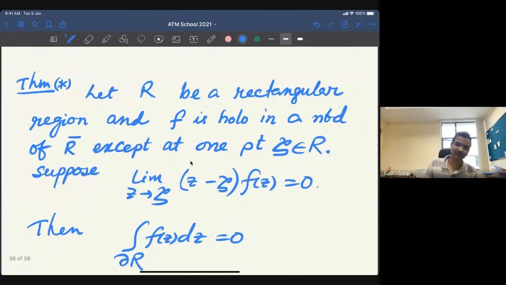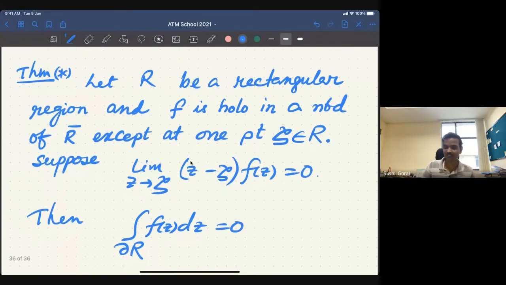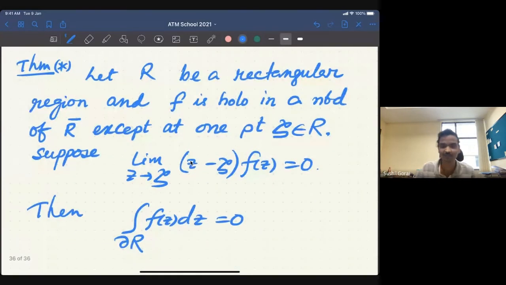So you see, we actually removed the assumption of holomorphicity at one point. You can do it for finitely many points also. All right, is the statement clear? But we had to incorporate this limit, and perhaps you will see this limit later as well.